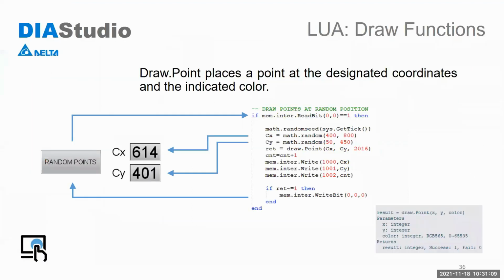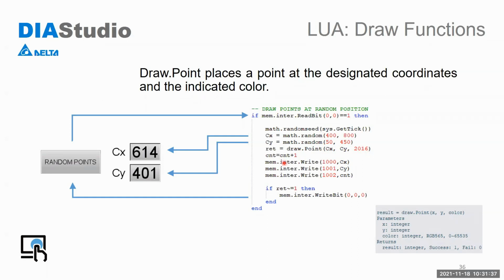The first one is to draw a point. Here you have the function: draw dot point, and the parameters it needs are basically the coordinates cx, cy, and the color that you want to use for painting that point.